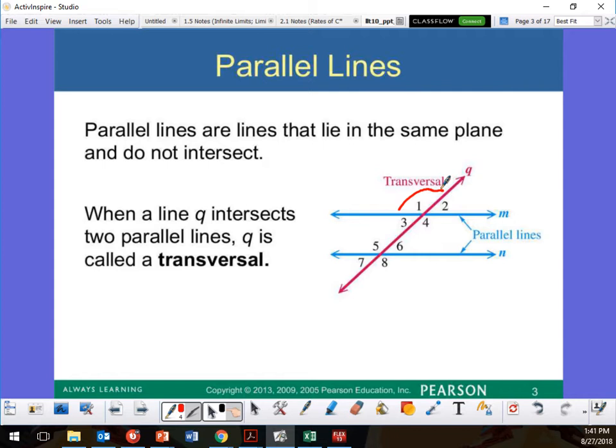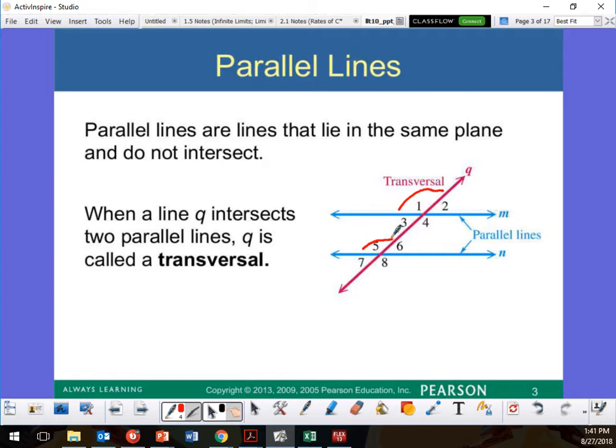Angle 1. Which one is that going to be congruent to? 5. Someone tell me the name for that pair. Alternate exterior angles? Alternate interior angles? Interior and interior?